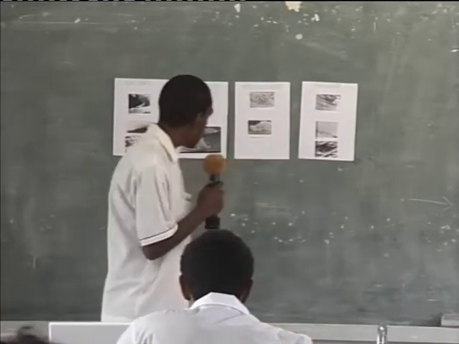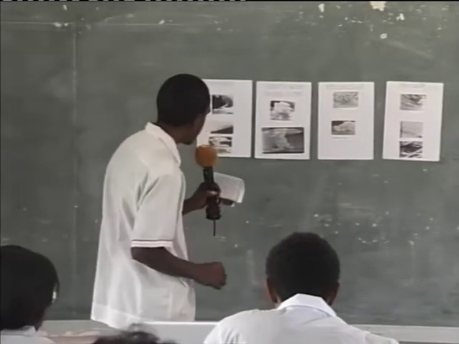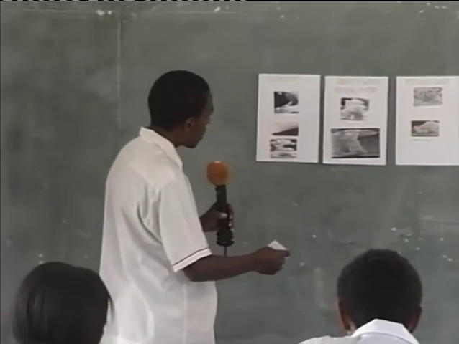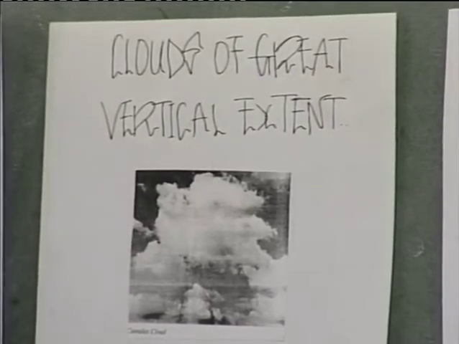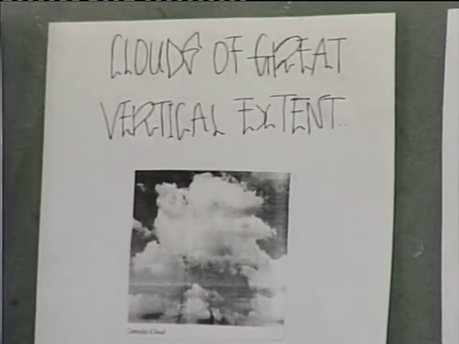I made a mistake earlier on. I forgot to mention the clouds of great vertical extent. These clouds are much larger than the other clouds and extend to great heights.